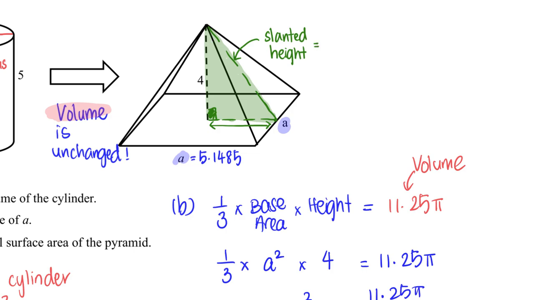Slant height is simply the square root of 4 square plus 5.1485 divided by 2 square. And that one will be equals to 4.75676.